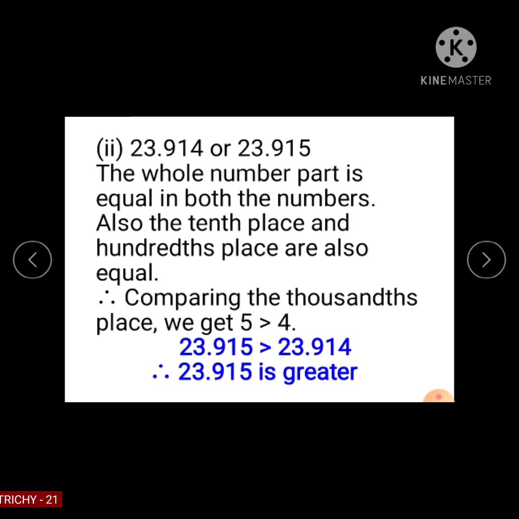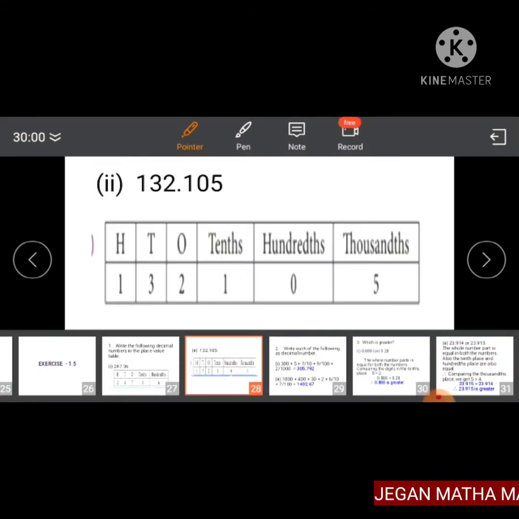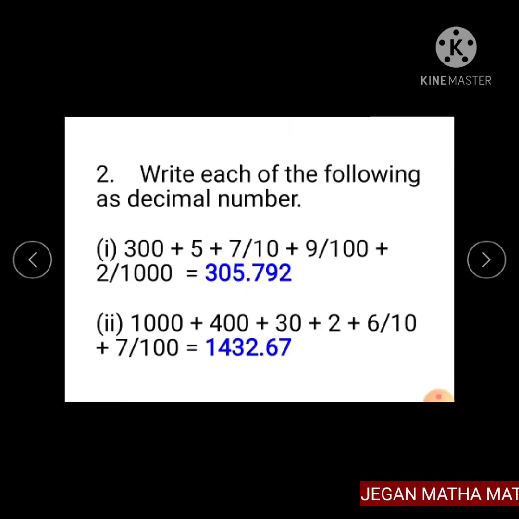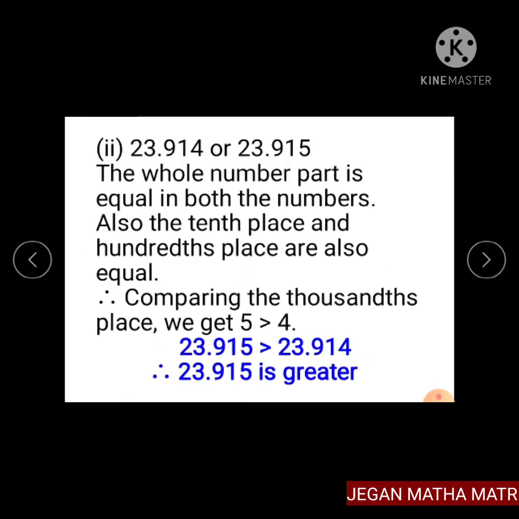And then comparing the thousandths place, we get 5 is greater than 4. 23.915 is greater than 23.914. So 23.915 is the greater number.